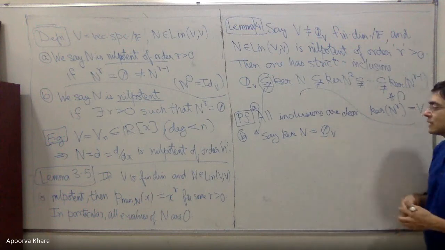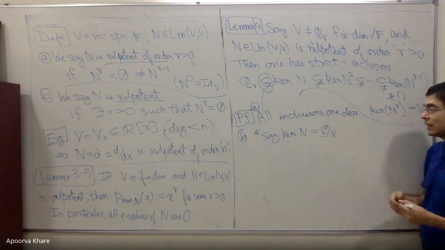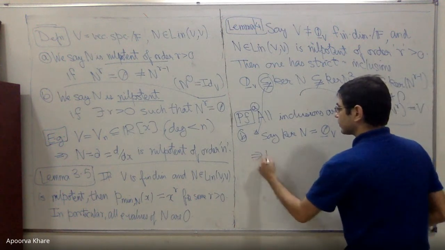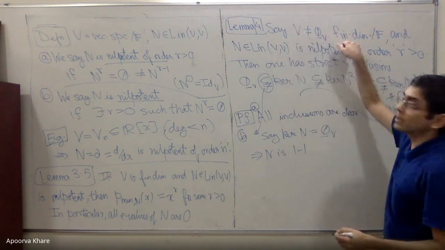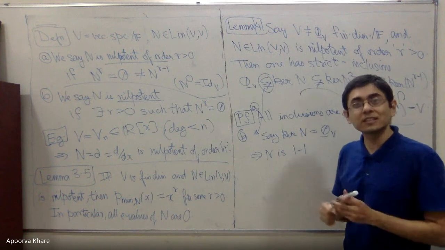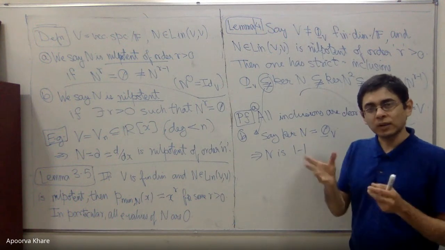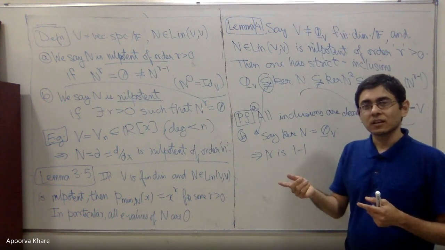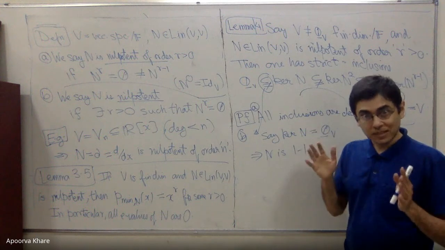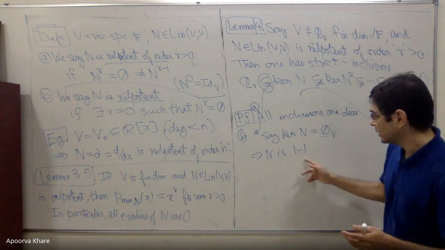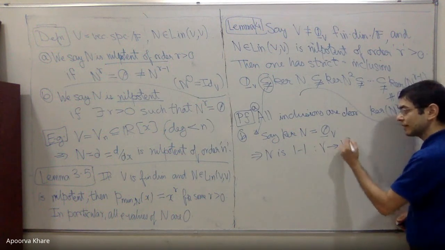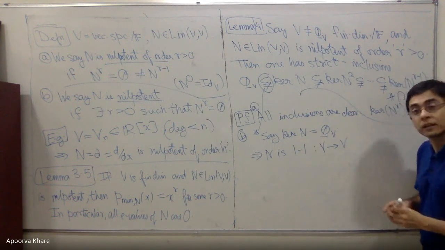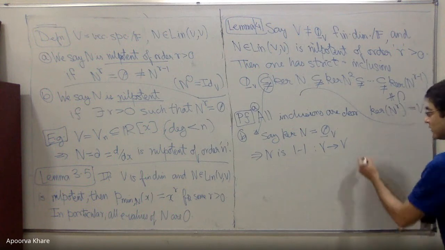So if the kernel of n is 0, then what do we know? We first of all know that n is one to one. But we also know that V is finite dimensional. So, this is the thing about sets, right? If you have a one-to-one map between finite sets of the same size, then it is onto as well. Similarly, if this is a one-to-one map from V to V between finite dimensional vector spaces of the same dimension, it is onto as well, and therefore it is invertible.